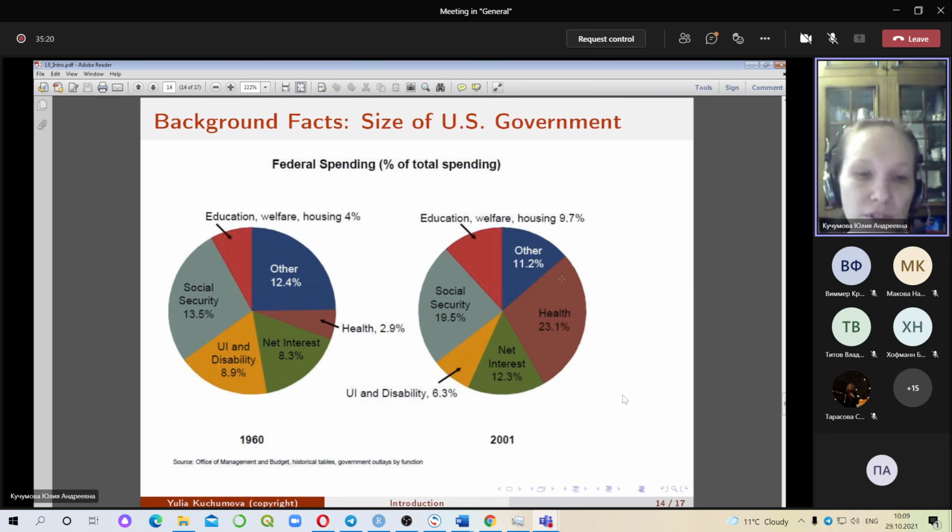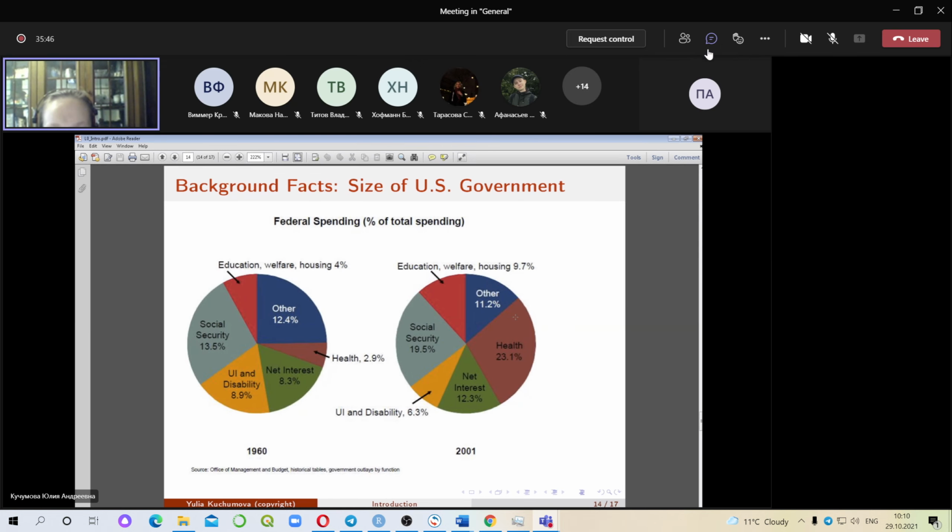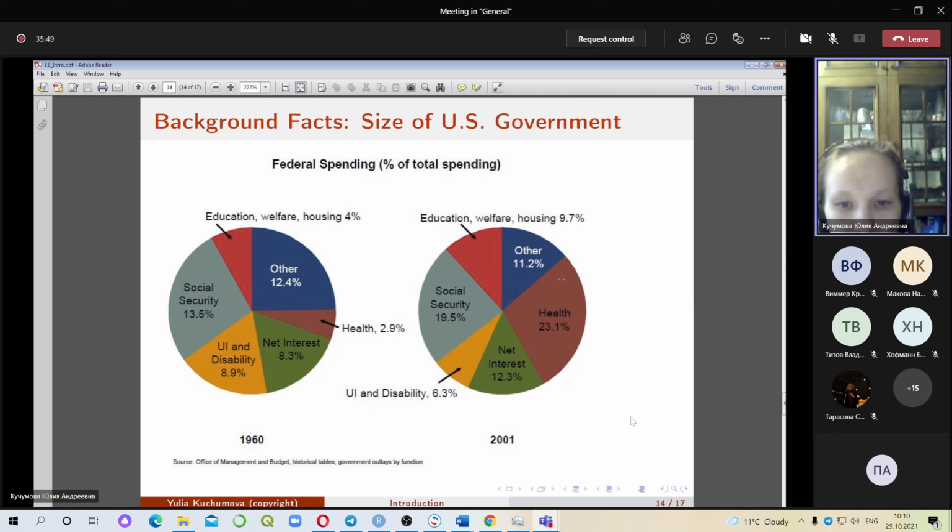Then unemployment and disability programs, then education, welfare, housing programs, and health, like Medicare in the United States. You see that over time in the United States, spending on health rose quite substantially, and spending on education, welfare, and housing also rose somewhat.